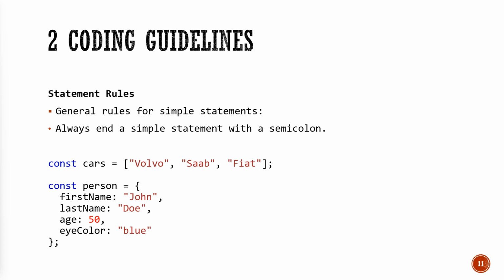You can notice here the semicolon at the end of the statement: const cars, Volvo, Saab, and Fiat. We also have another example: const person, first name, last name, age, eye color. You may notice at the last part of the statement, we have again a semicolon.